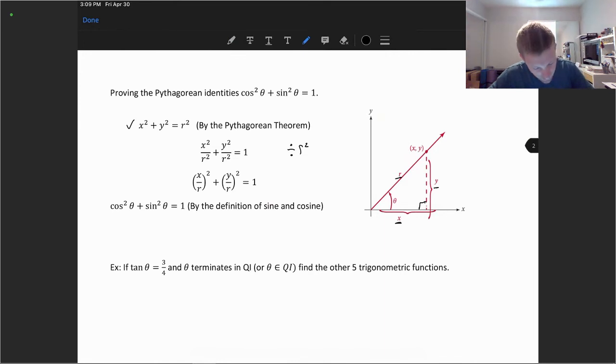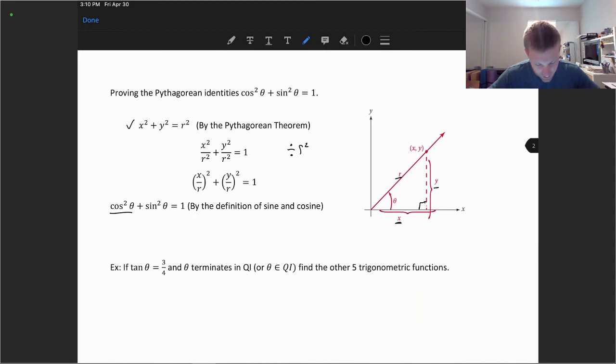But these are the definitions of sine and cosine. The cosine ratio is x over r, that's the adjacent over the hypotenuse, and y over r is the definition for sine. So we can get cosine squared of theta plus sine squared of theta is equal to 1. And that is how we get the trigonometric identity for the Pythagorean theorem.